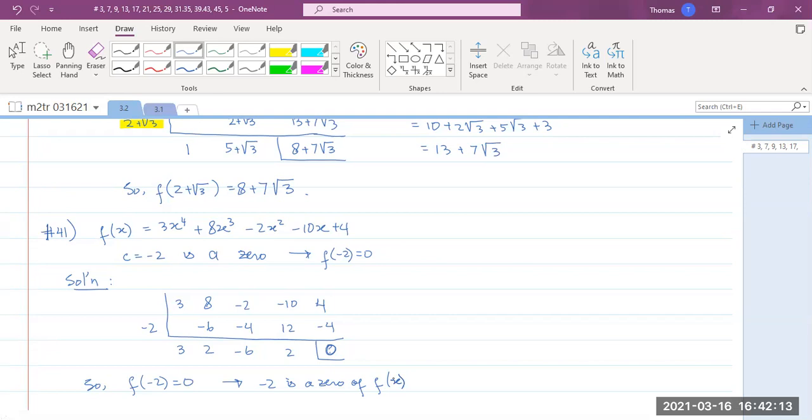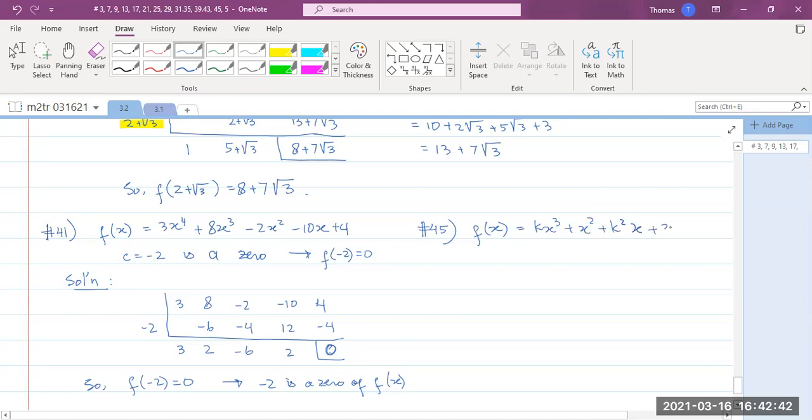Number 45. Find all k's such that f(x) is divisible by the given linear polynomial. We have f(x) equals kx cubed plus x squared plus k squared x plus 3k squared plus 11.